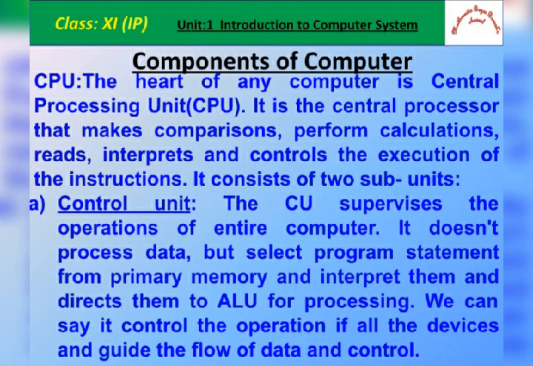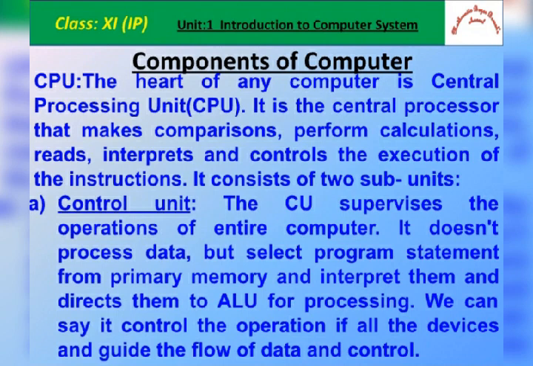Control unit. The control unit supervises the operation of the entire computer. It does not process data but selects the program statements from primary memory and interprets them to direct them to ALU for processing.